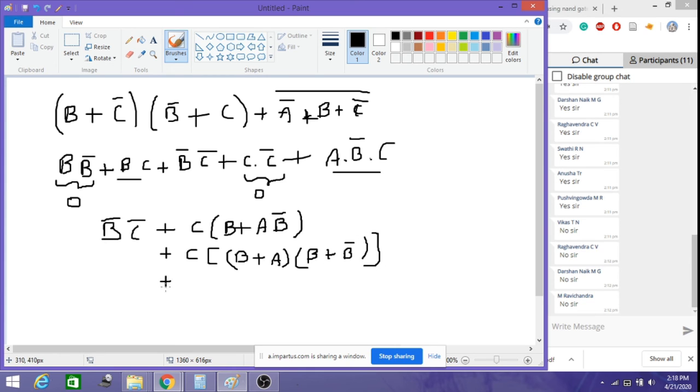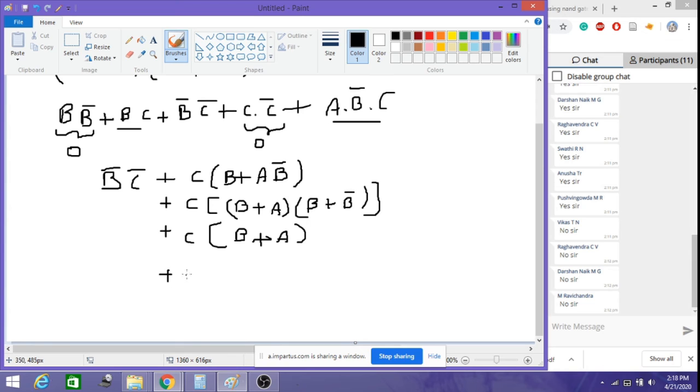So when we simplify this term, we'll get B plus A into C. So now when we open up this bracket, we'll get BC plus AC, and here we have the term B bar into C bar. So this is the final simplification, and if you want to further simplify, then we can take C as common, but it doesn't make any sense further. Okay, so that is the last step.